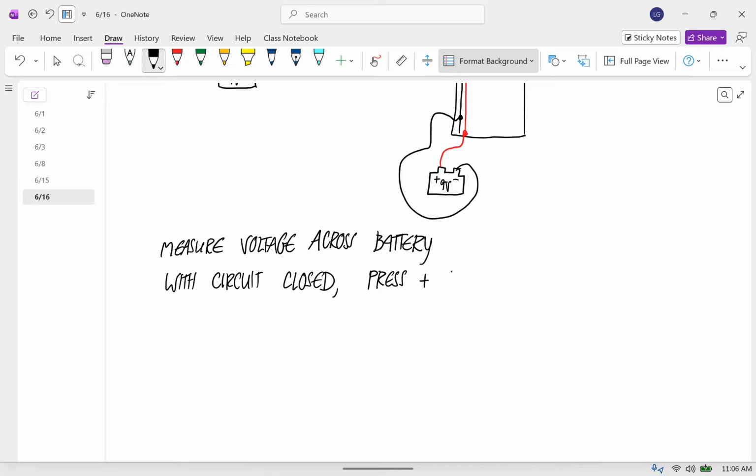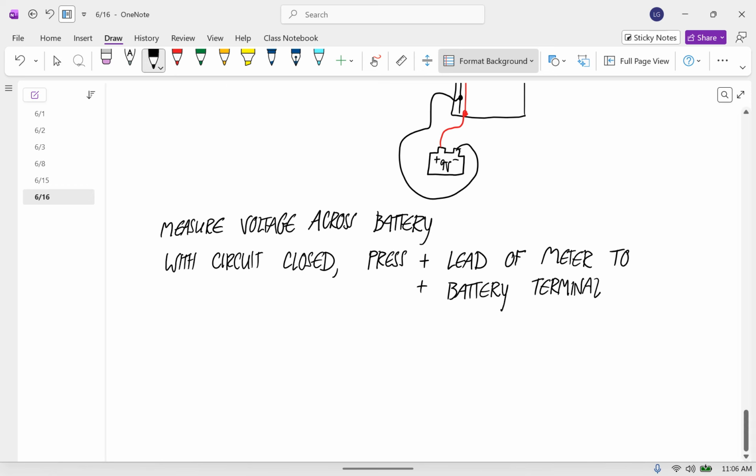Press the positive lead of the multimeter to the positive battery terminal, and then press the negative lead of the meter to the negative battery terminal.